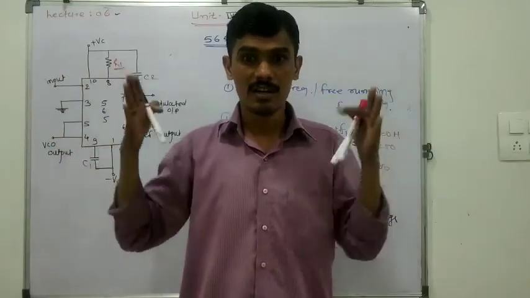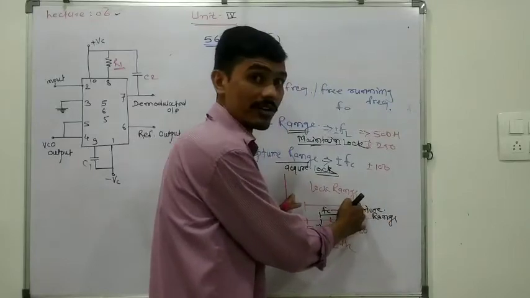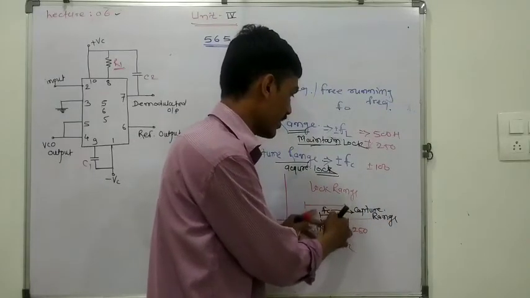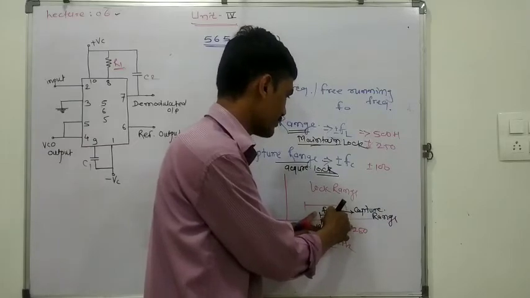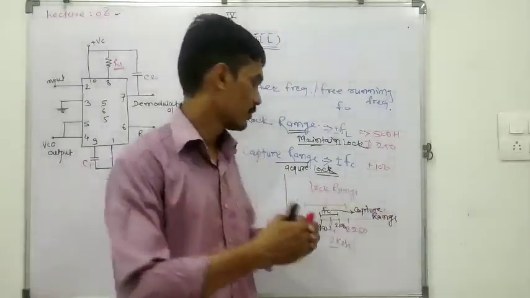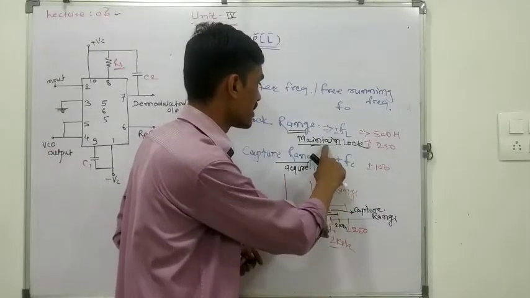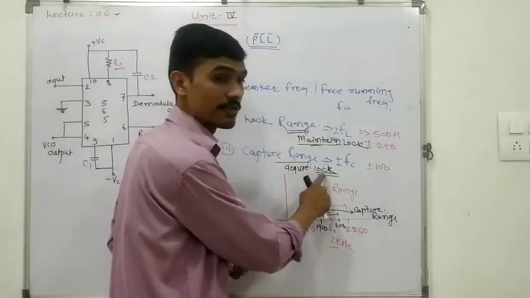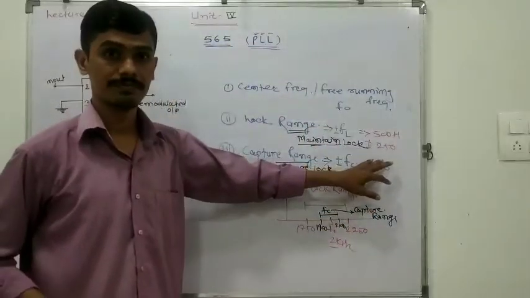And capture range is a smaller value than the lock range, and whenever the signal appears in the capture range, it locks to the center frequency. So that is the basic difference between the lock range and capture range, and capture range is always less than the lock range.